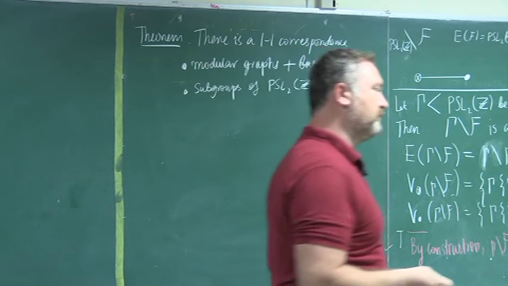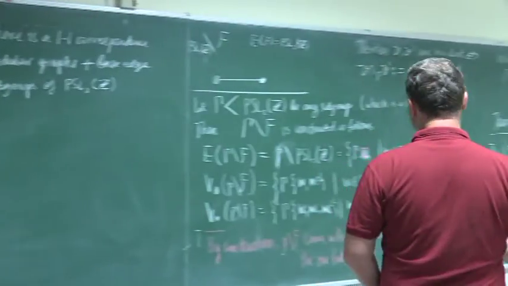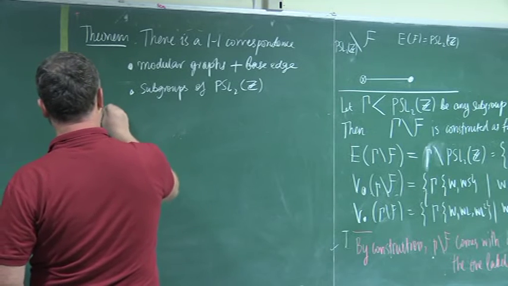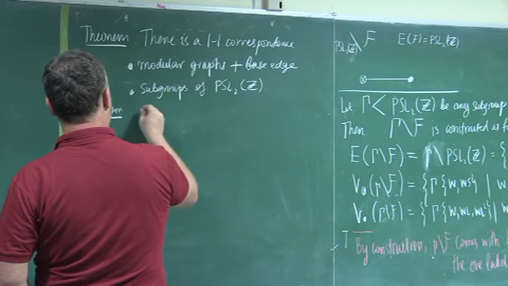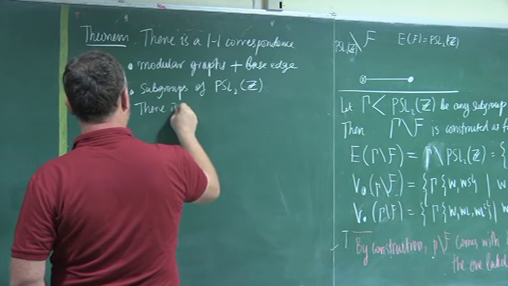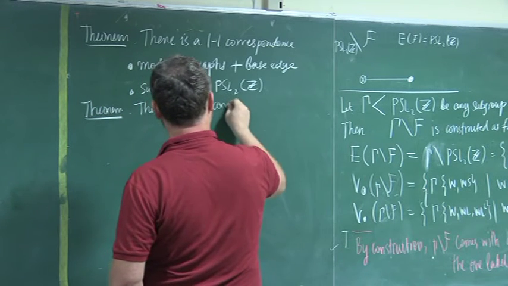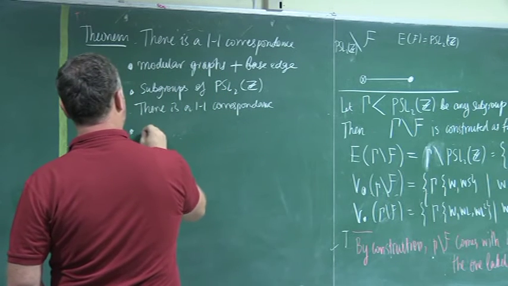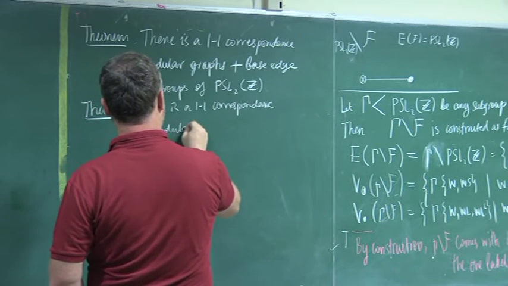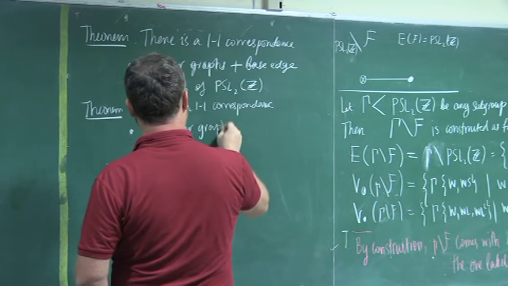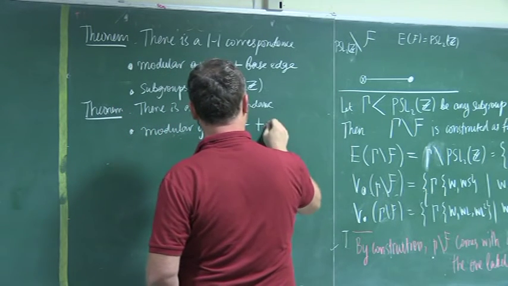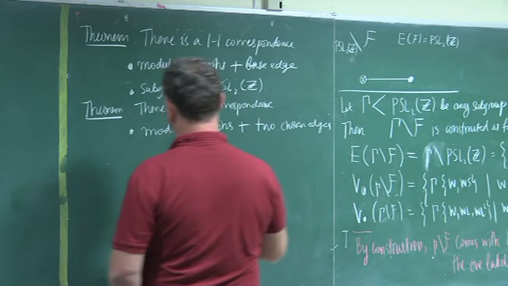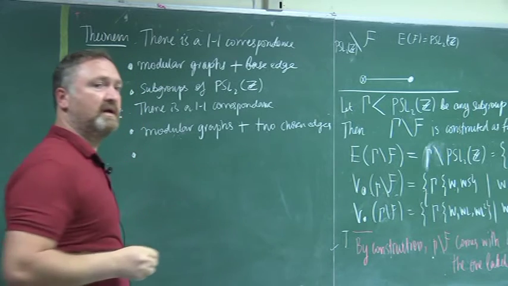So this includes torsion or torsion-free subgroups, everything. You can prove this theorem by yourself. There is a one-to-one correspondence between modular graphs with two chosen edges. Can anybody guess what I'm going to say now?